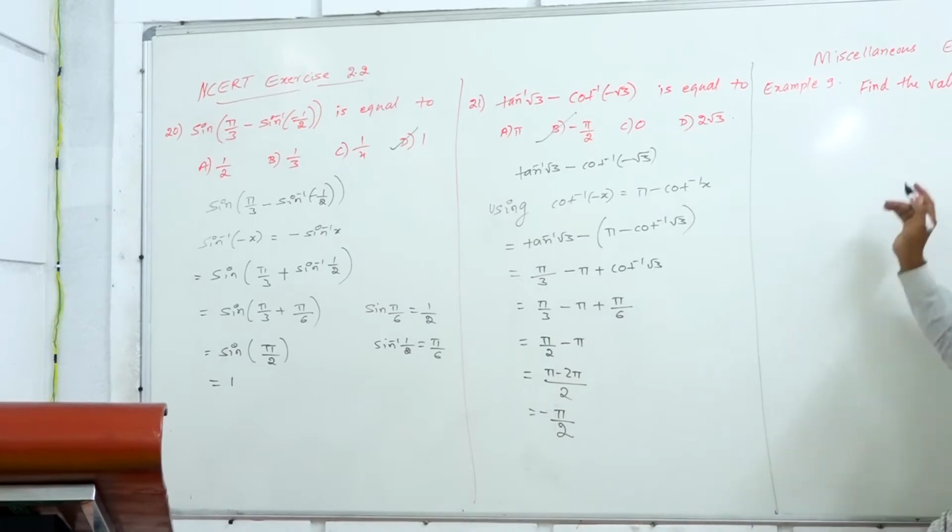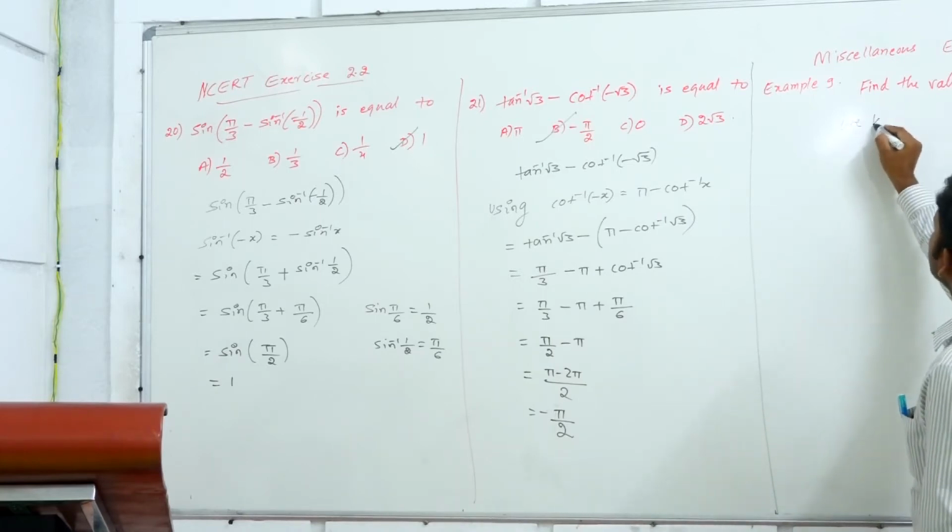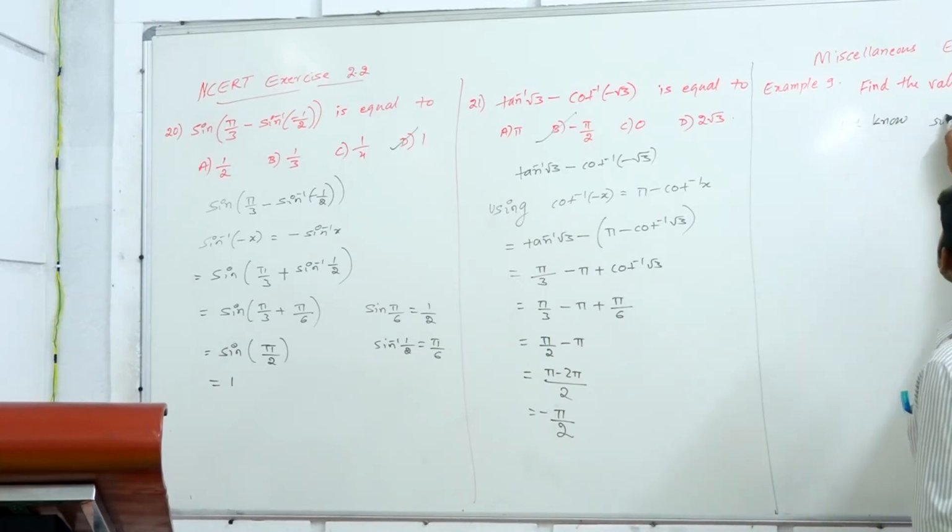What is that formula? We know sine inverse of sine theta is equal to theta only when theta belongs to the interval minus pi by 2 to plus pi by 2, that is the principal value branch.